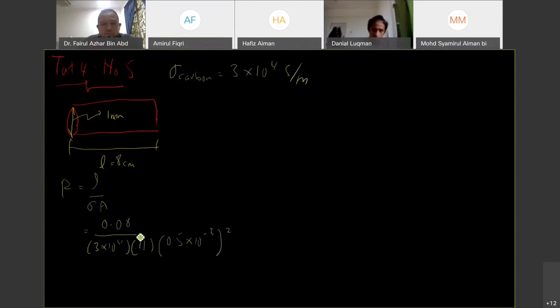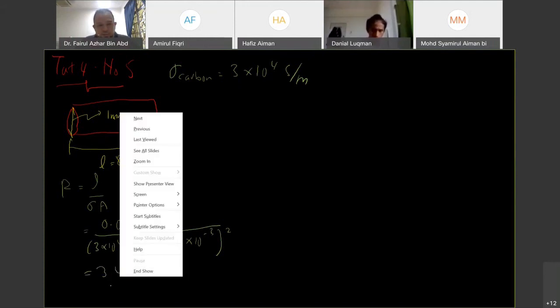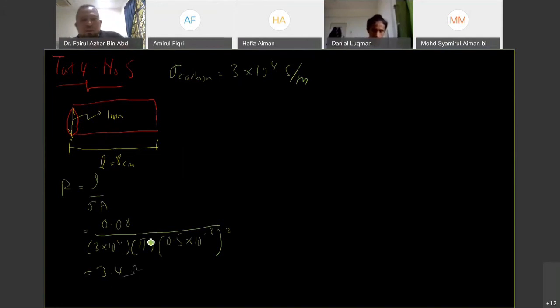We just divide the diameter by two, so 0.5 mm. By solving this, we will have the answer for this resistance is equal to 3.4 ohm. So this one is quite straightforward.